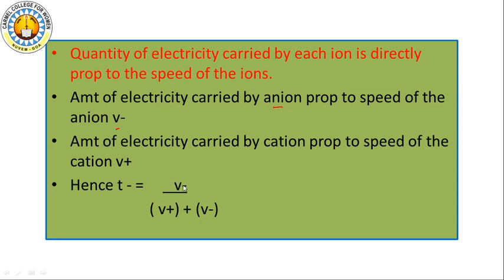Instead of the current carried, we are writing in terms of the speed, because we have said the electricity carried by the anion or the cation is directly proportional to its speed. So the transport number of the negative ion is equal to the speed of the negative ion divided by the total speed of the positive and the negative ion.